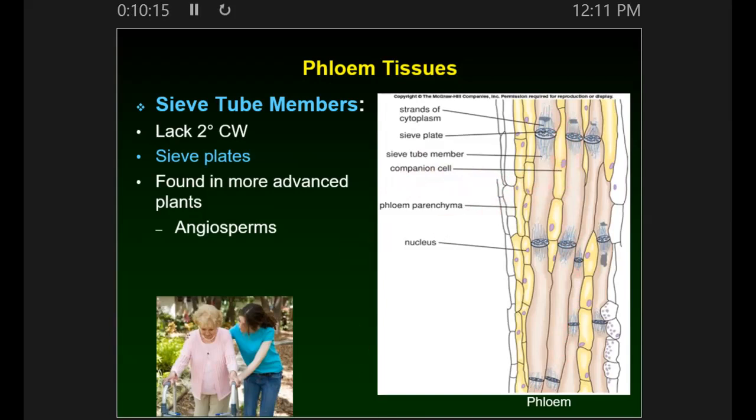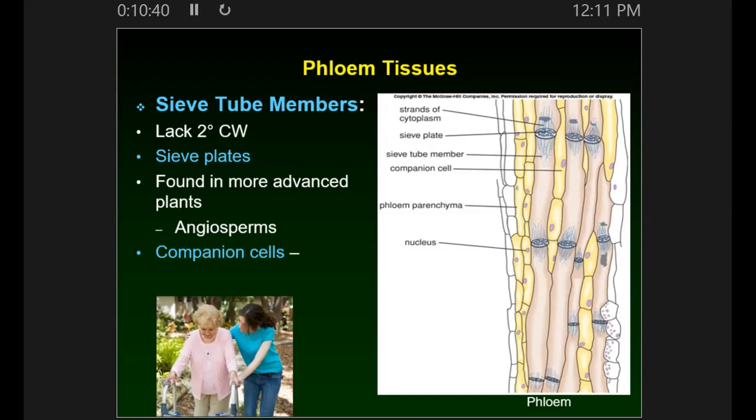These companion cells are super important because I told you that the sieve tube members don't have a nucleus, so they're not fully functioning. Sieve tube members aren't capable of surviving on their own, because they lack a nucleus and some other organelles that I'm not going to get into. They're highly modified, and if you try to keep them alive without the help of a companion cell, it doesn't work.